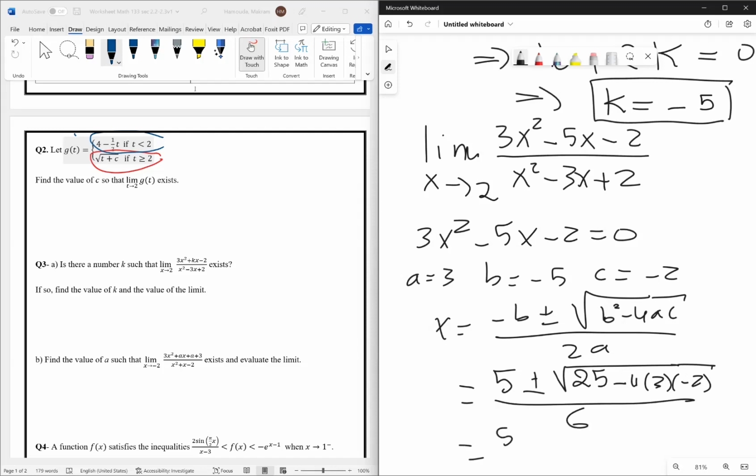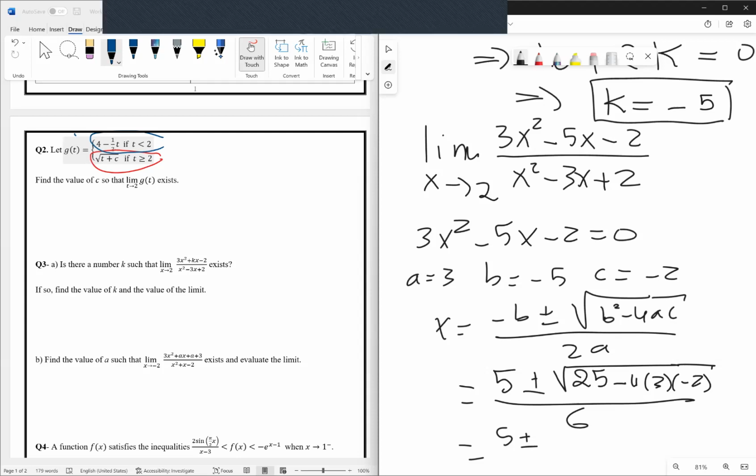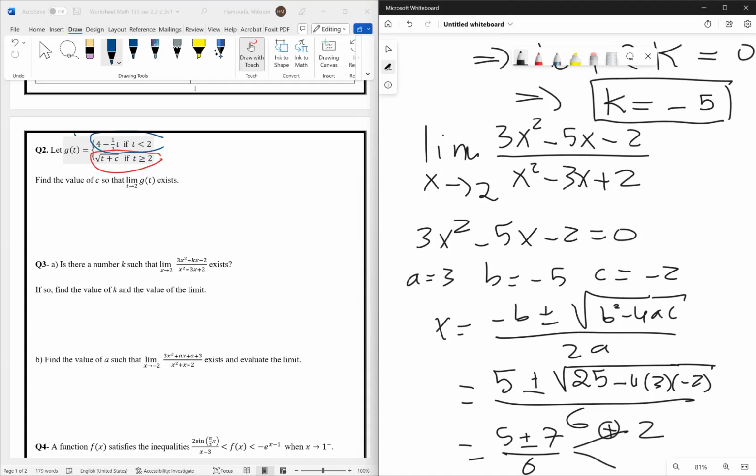This will be 5 plus minus root of 25, and this becomes plus 24, 25 plus 24, 49, root 49, that's 7 over 6. And now I can separate the plus and minus. This is 2 for the plus, and 5 minus 7, that's minus 2, minus 1 over 3 for the minus.